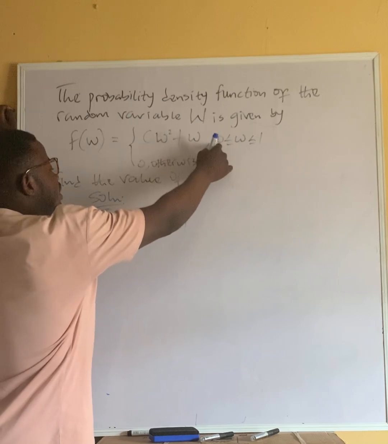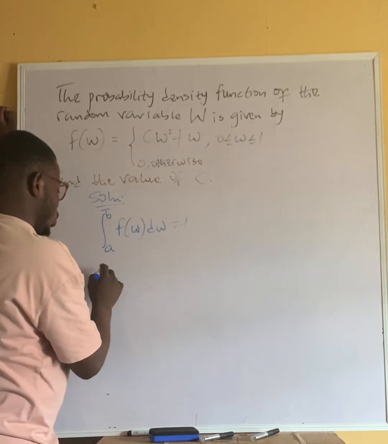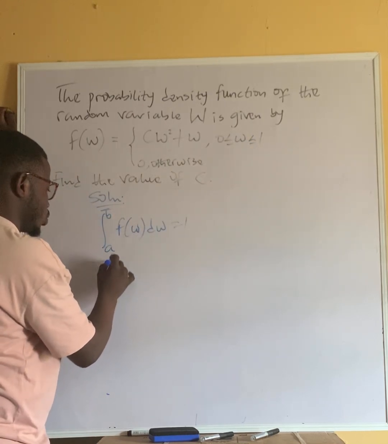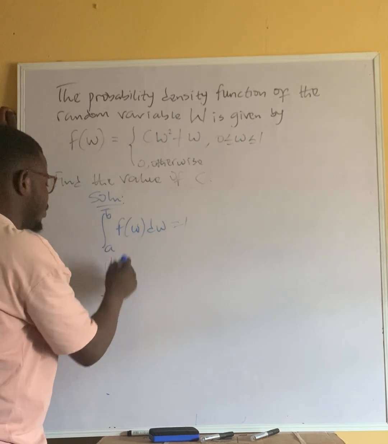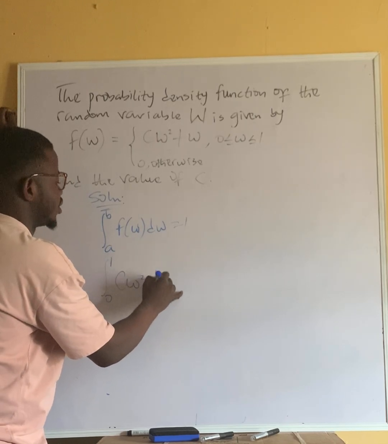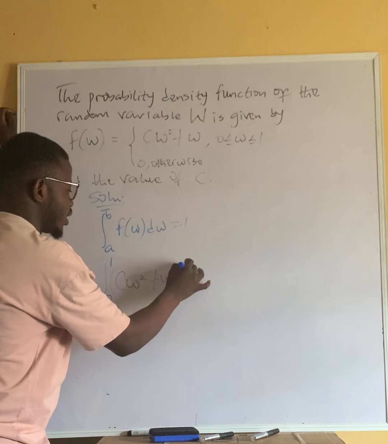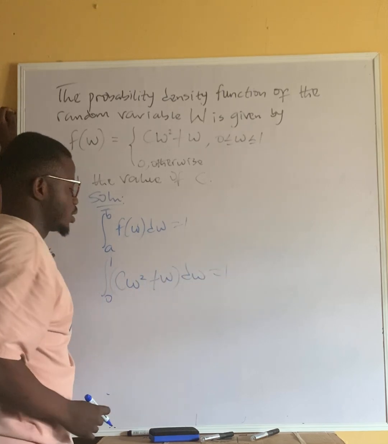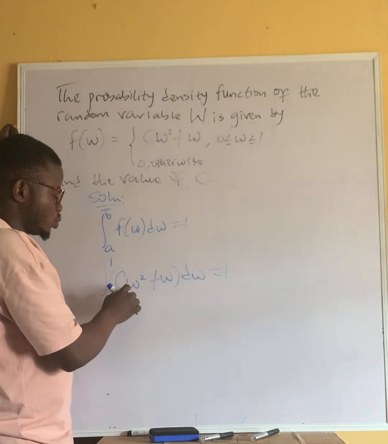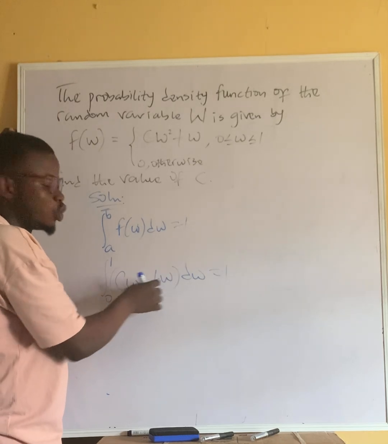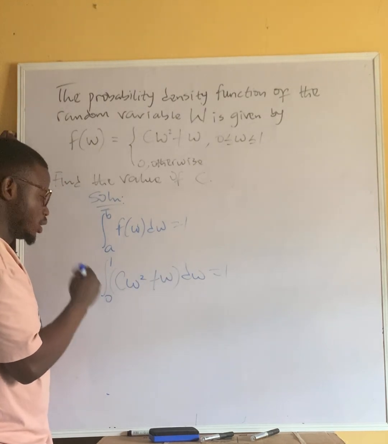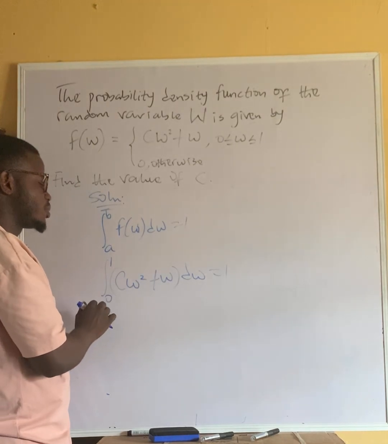The lower limit is 0, and the upper limit is 1. So here we have the integral from 0 to 1 of f of w, that's (cw squared plus w), dw equals 1. Now c is not common to both terms, so we cannot factor this c outside. Rather, we integrate directly with respect to w.